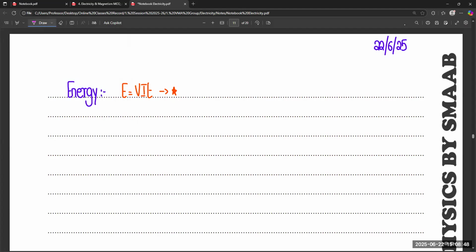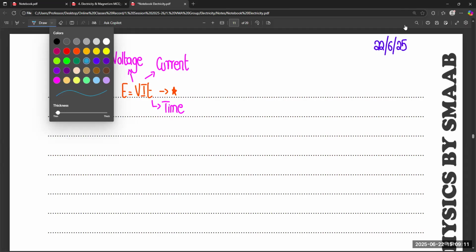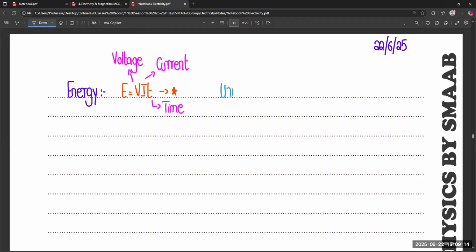V represents the voltage or the potential difference, I represents electric current, and T represents time. And also we know that the SI unit of energy is always joules, J. So this is the unit of energy.